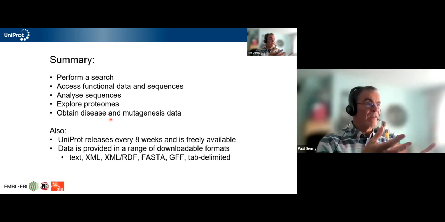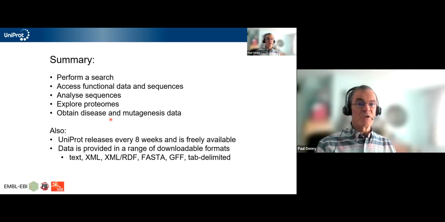Once you've got that result, you can analyze those sequences, and if you're interested in the wider set of proteins derived from one particular organism, you can explore the proteome from that organism. And lastly, I've talked a bit about the disease and mutagenesis data in UniProt. Along the way, I said we normally release data every 8 weeks, so it's continually updated. It's all freely available, and available in a range of different formats.